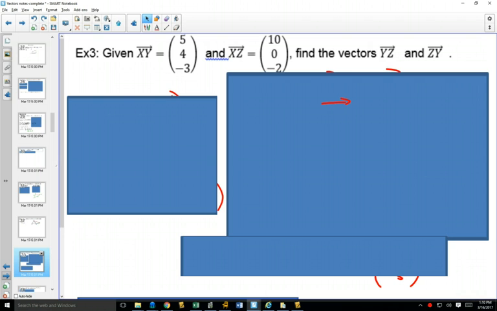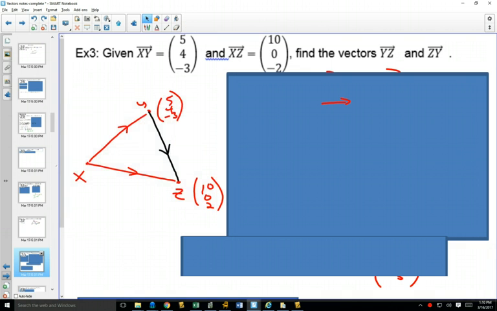So if we know what x to y is, and we know what x to z is, how do we find y to z? So there's a picture. You know what x to y is, you know what x to z is, and you want to find from y to z.